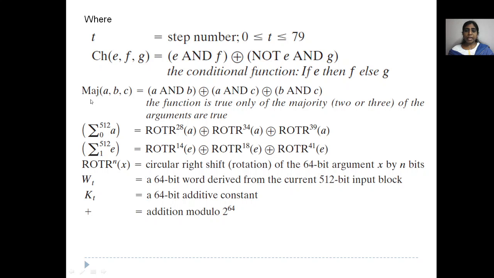Then we are going to get the majority values like A and B. So A AND B XORed with A AND C XORed with B AND C. Then we have the sigma values, that is circular right shift of 28 bits of A XORed with circular right shift of 34 bits of A XORed with 39 of A. Like this we are going to take the shift.